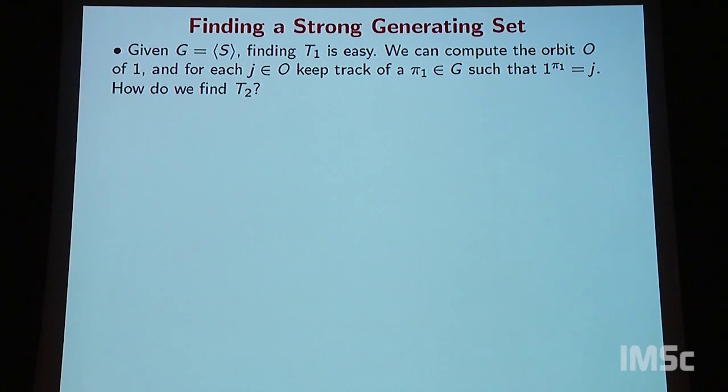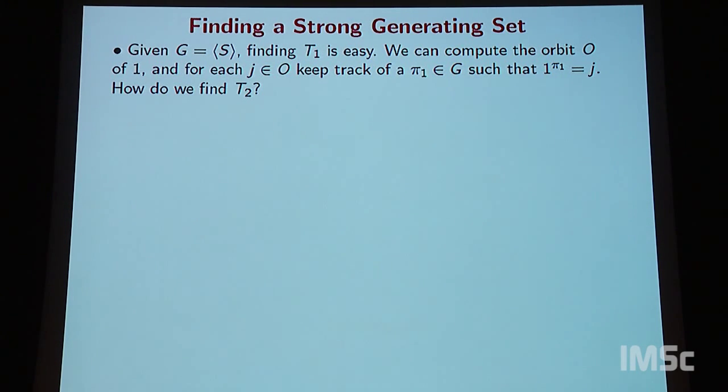Because I got to the different points in the orbit by multiplying the current set of points by generators. So I can also easily keep track of that. So I know therefore the orbit of 1 and the different elements of the group G which will map 1 to the different points in the orbit, and that gives me all the coset representatives of G sub 1 inside G, and therefore I have T1 easily.